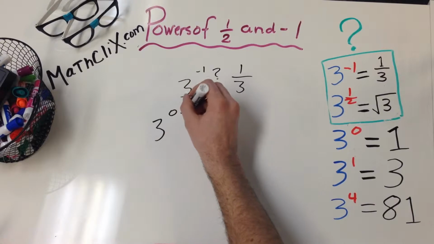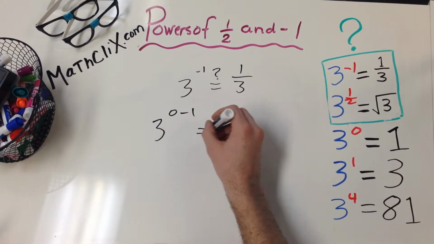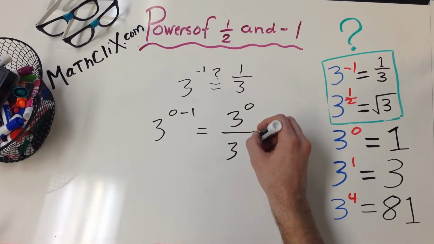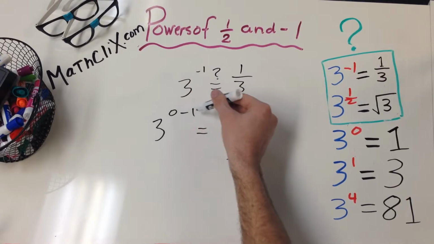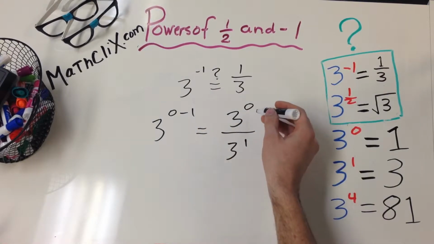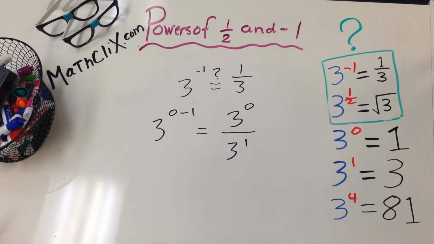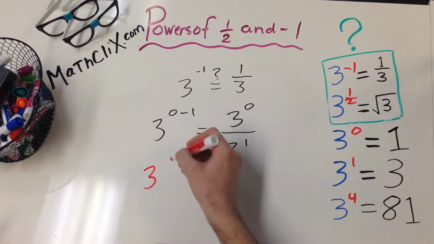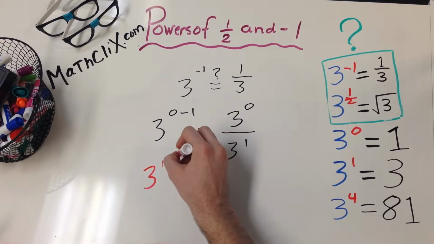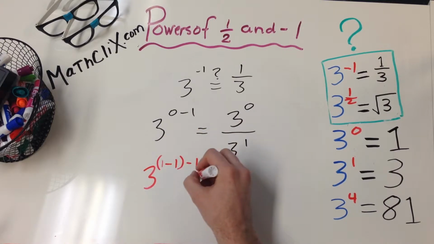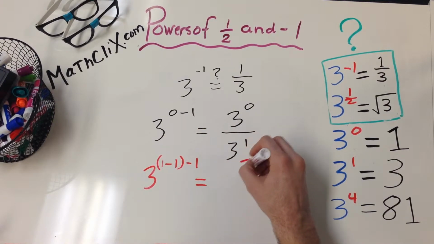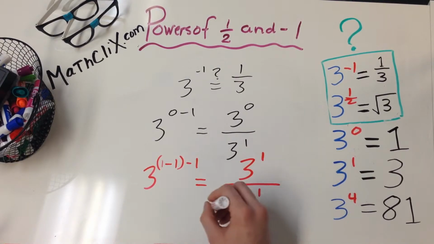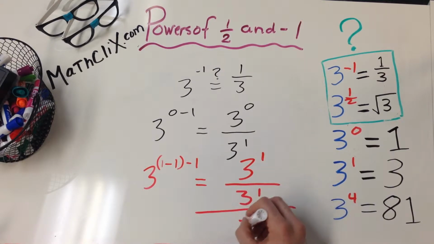3 to the 0 minus 1, which would look like this in fraction form, being that it's divided by the power on the bottom coming from the subtraction. Well, we can also break down that 3 to the 0 as 3 to the 1 minus 1 equaling 3 to the 1 over 3 to the 1, all over 3 to the 1.